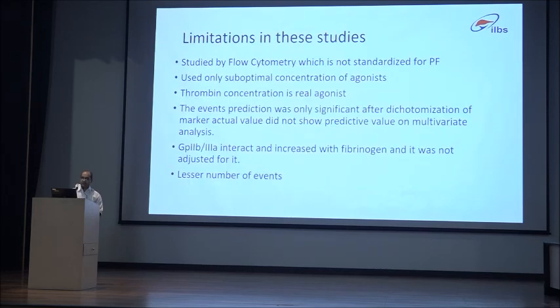Now, the limitations. Both these studies were done by flow cytometry with an agonist, but there are several limitations. Number one, flow cytometry is not standardized for platelet function as of now. They used a suboptimal concentration of the agonist, and they did not use the thrombin receptor agonist, TRAP, which is the real agonist for the platelet receptors.